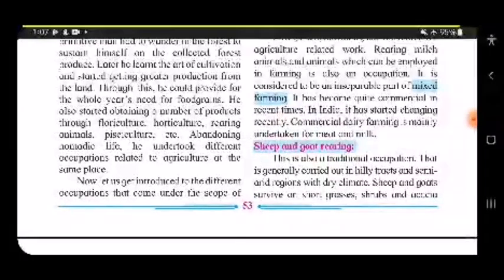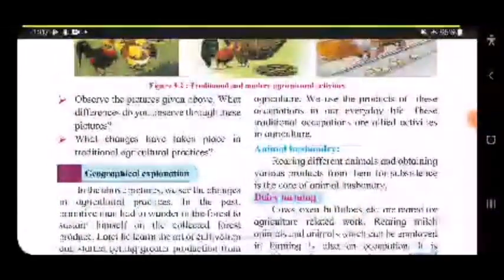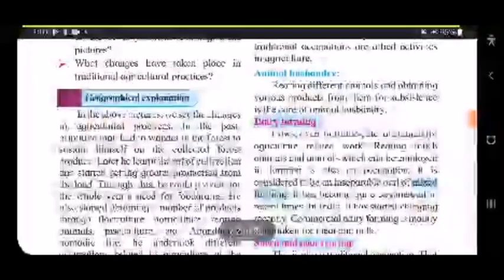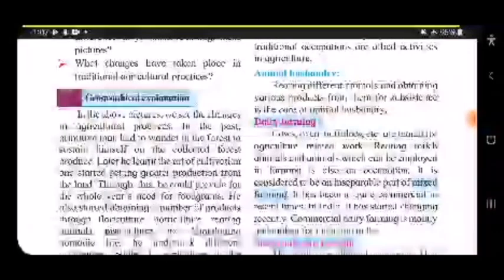Now, let us get introduced to the different occupations that come under the scope of agriculture. We use the products of these occupations in our everyday life. These traditional occupations are allied activities in agriculture. So first we are going to learn about animal husbandry.